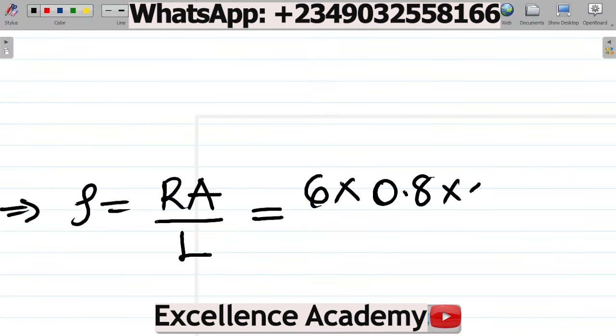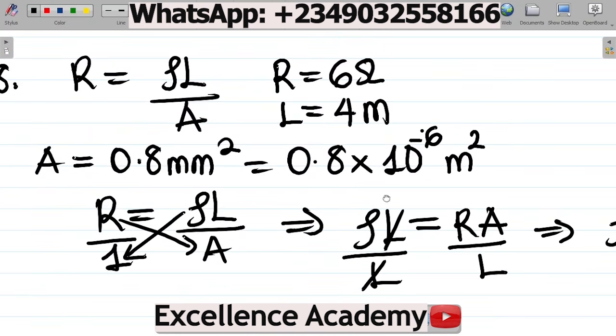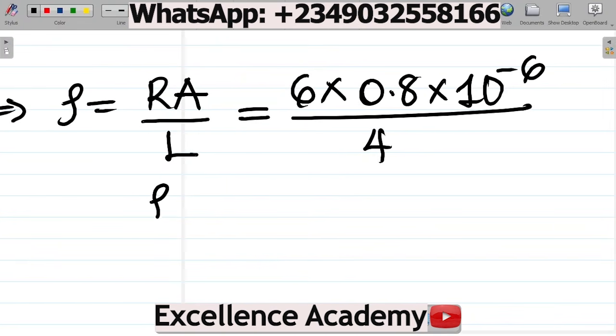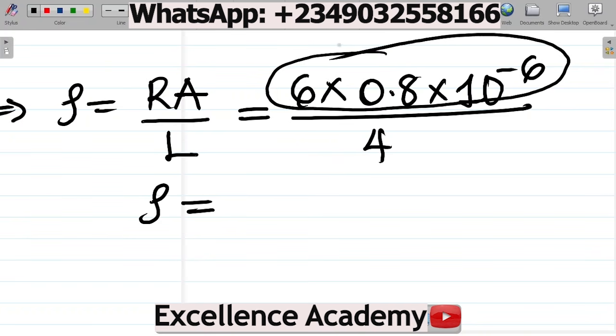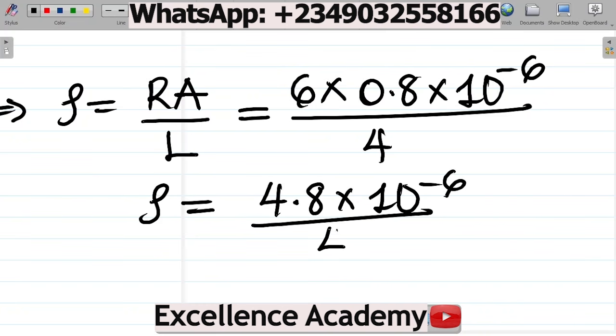0.8 times 10 to the power minus 6 all over L. L is the length, which is here as 4. So I'll have this as 4. All right, let's proceed with this. If you work on this, resistivity rho is equal to 6 times 0.8 times 10 to the power minus 6, which gives you 4.8 times 10 to the power minus 6 all over the denominator, which is 4.